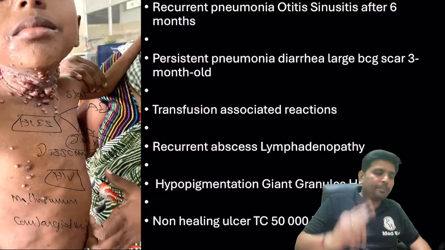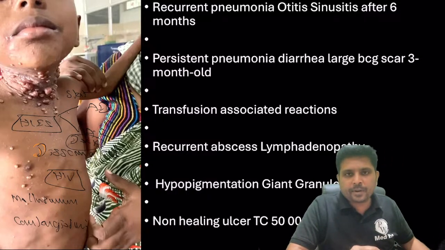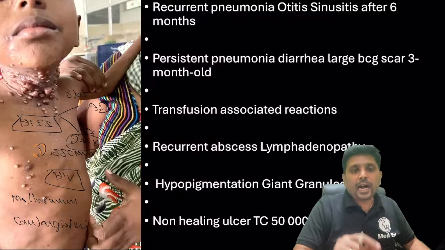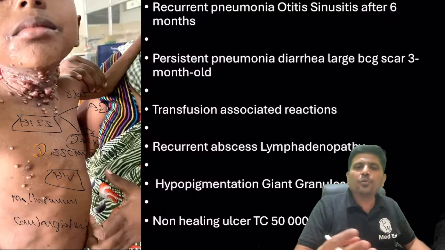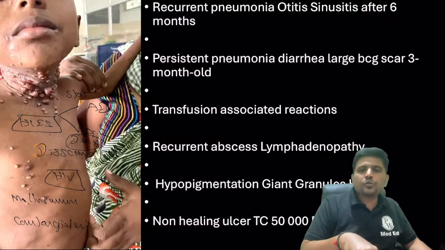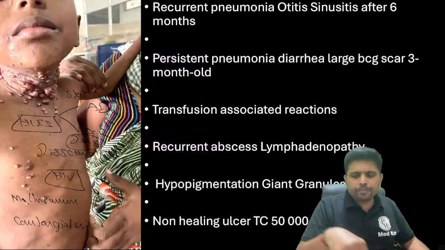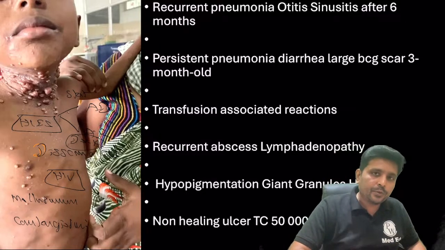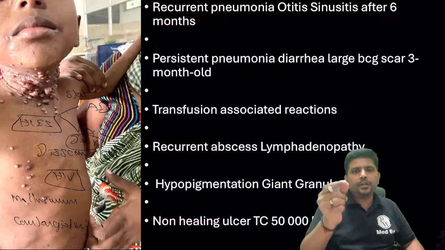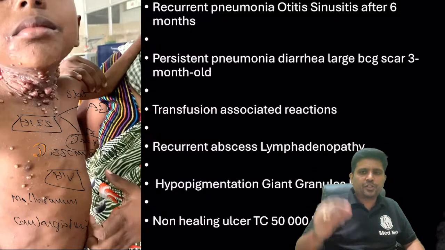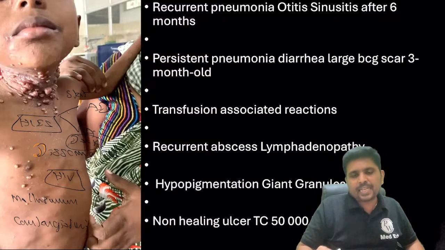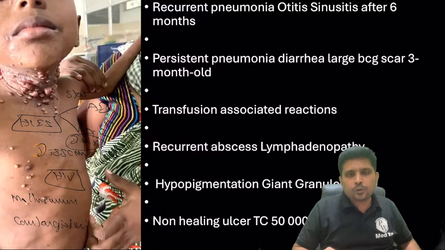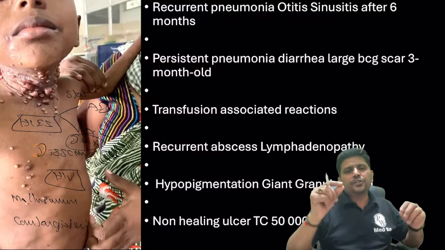So I repeat, disseminated molluscum contagiosum in pediatrics is suggestive of hyper IgE syndrome. Multiple viral infections, herpes zoster, varicella, molluscum are more in favor of DOCK8 autosomal recessive hyper IgE syndrome.